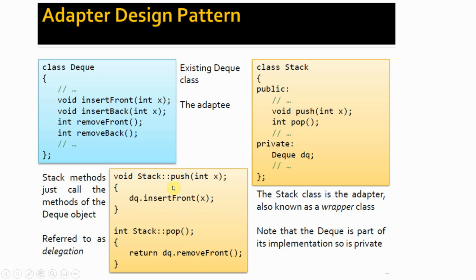If you want to push, you can see here this is the implementation. We didn't implement it from scratch. We just use insert front and remove front to implement push and pop operations for the stack. The same story can be applied for the queues. In that case it would be insert at the rear and remove from the front for the queue.